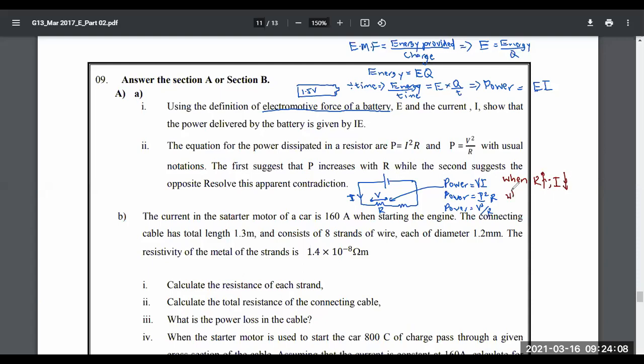And similarly, when you increase the resistance, what will happen to the voltage across the resistor? When you increase the current, the voltage across the resistor is going to increase.